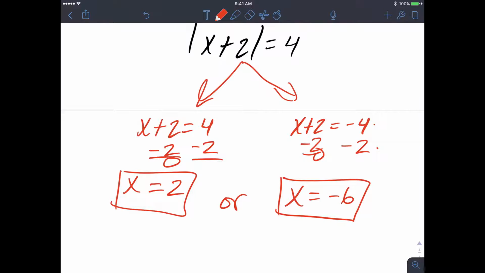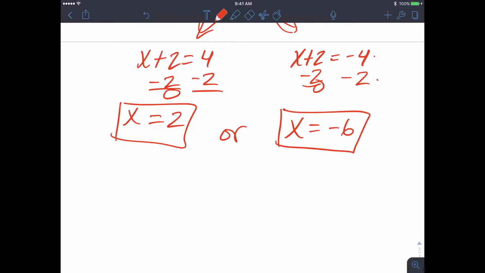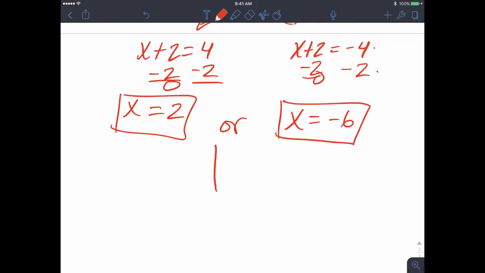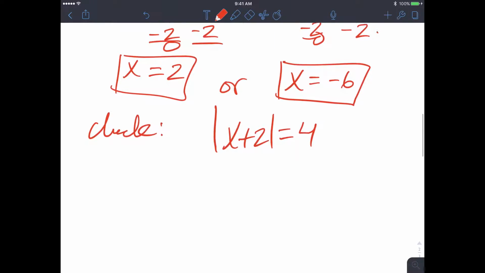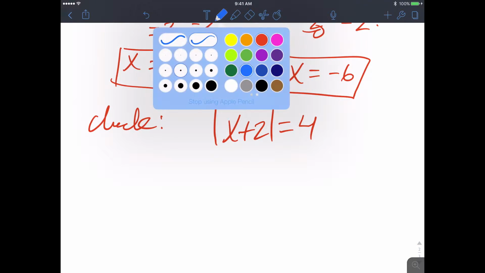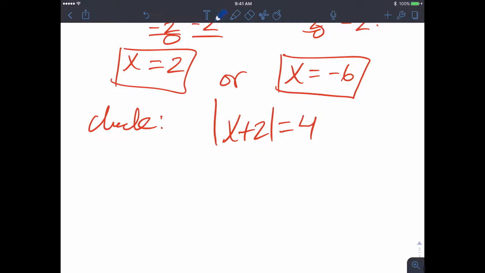Okay? And I'm going to do a quick little check just to show you guys. What was our problem? The absolute value of x plus 2 equals 4. I'm going to plug it right back in and I'll call it check. So let's plug in our value. The absolute value of 2 plus 2.